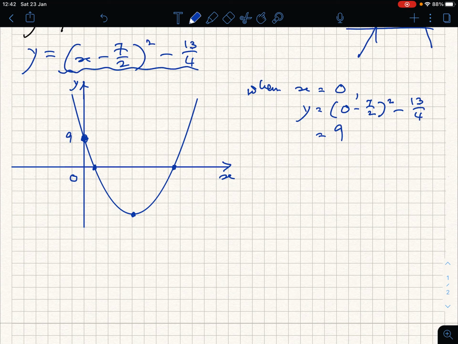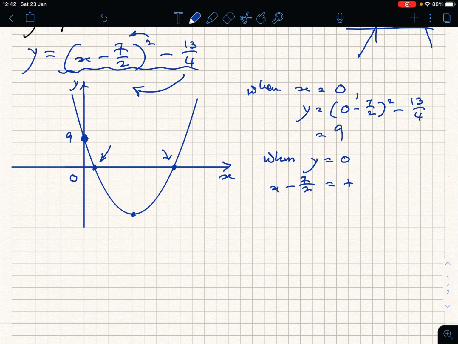All right, and then after that the x-intercept, right? That means when y equals 0, x minus 7 over 2 equals negative 13 over 4. Bring over to become positive, and the square you bring over becomes square root.